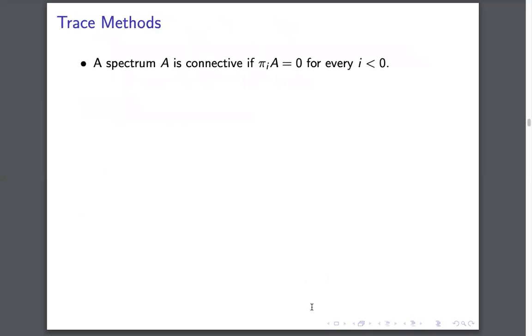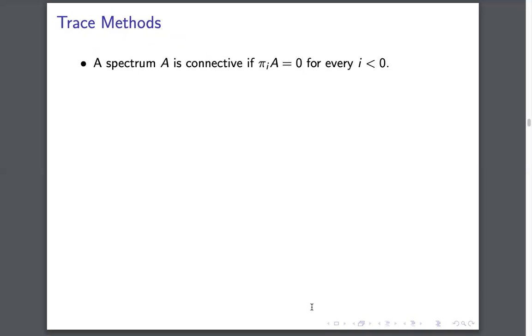Okay, now I'm going to start talking about trace methods. I told you how it was difficult to compute algebraic K-theory, although it is pretty important. To be able to manage algebraic K-theory computations, this ambitious program, which spanned a long period of time, was developed, and a pretty successful program it was.